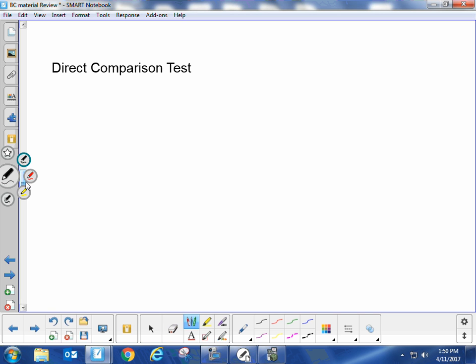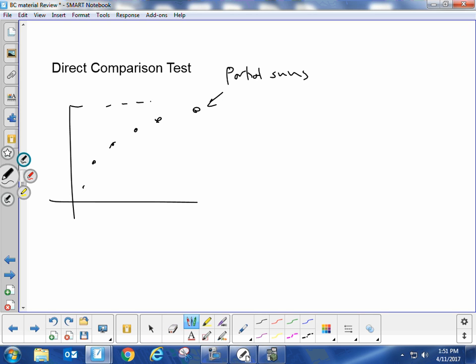The direct comparison test, this is important. So when we have a series and we know that this series, say, diverges. So this may be the partial sums. Let's say the partial sums are going to approach a value. It's important to know if you are given that the partial sum is equal to some function and you want to find the sum of the series, you can just take the limit as n approaches infinity of the partial sum.